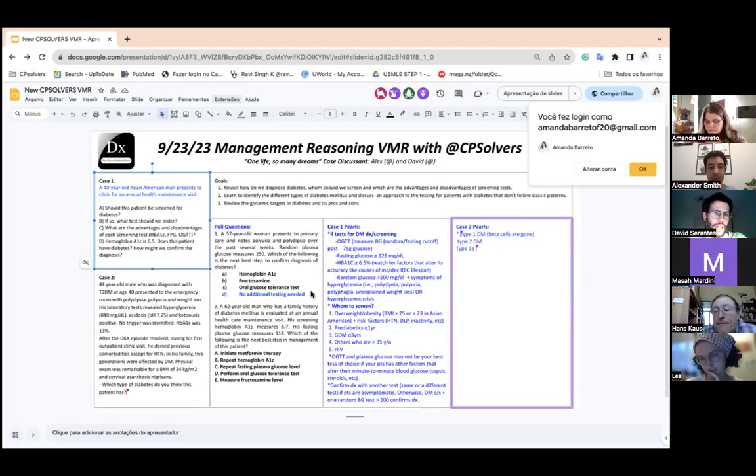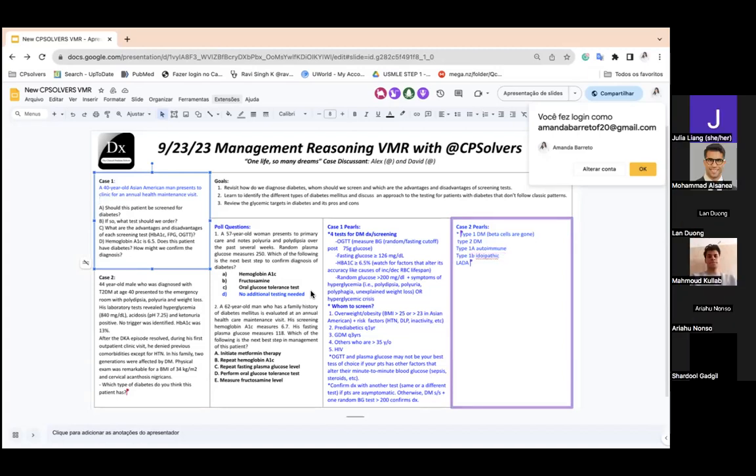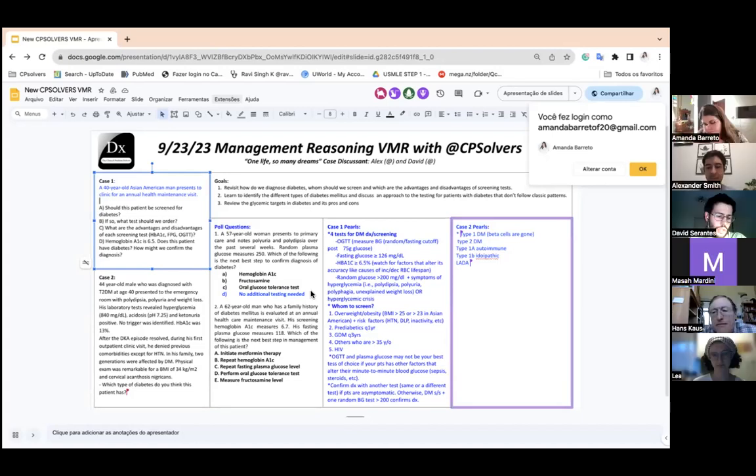And there's also LADA diabetes, latent autoimmune diabetes of adults, which typically are patients diagnosed with diabetes after 35 years old, and it is also autoimmune, and we can detect autoantibodies in this type, but it doesn't require insulin at diagnosis, and typically only requires insulin after 6 months of diagnosis.